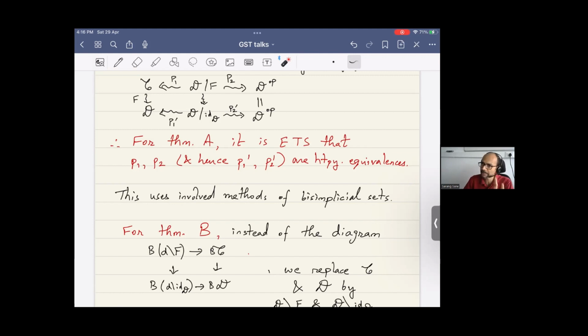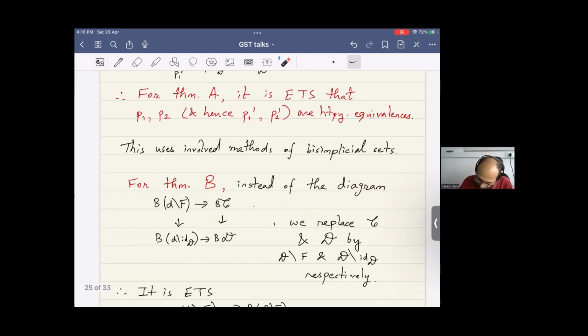Quillen already had this idea of using bisimplicial sets, and it was taken to its natural conclusion by Waldhausen in a deeper context. I can't really get into this at all. In fact, I don't even completely understand that proof.